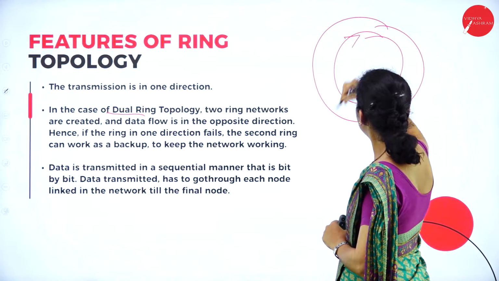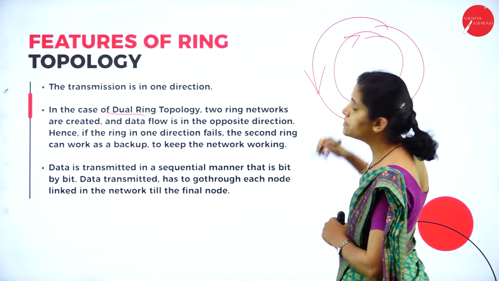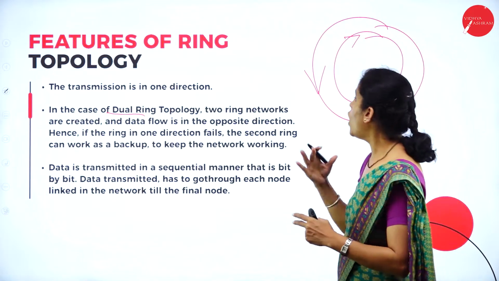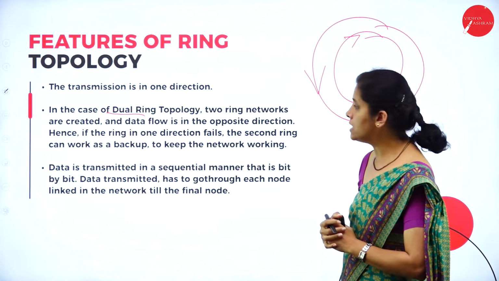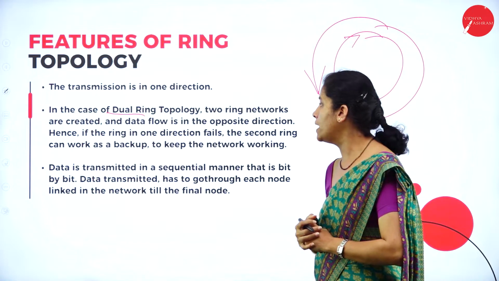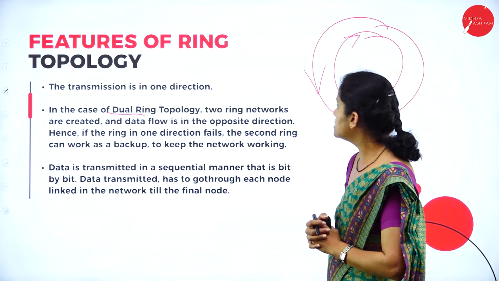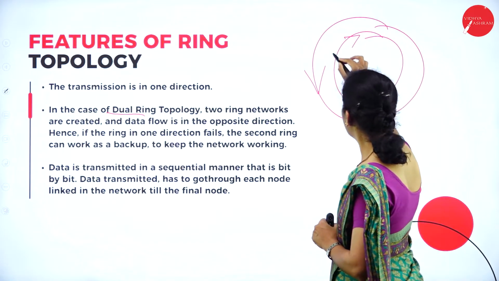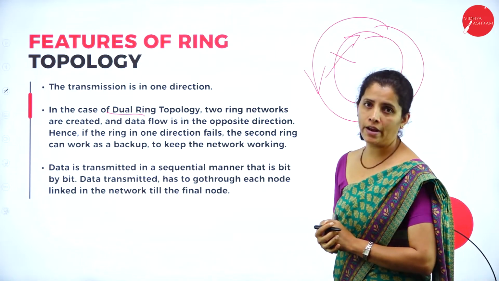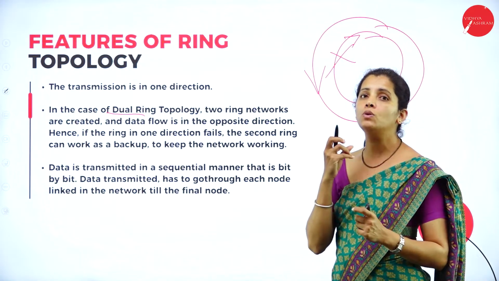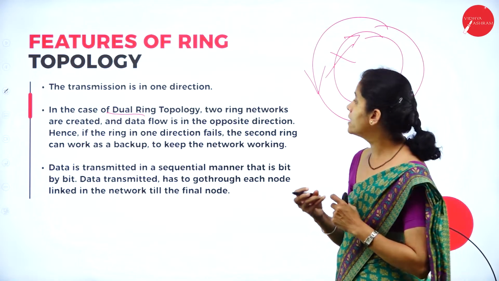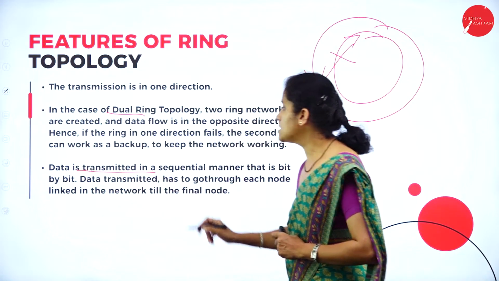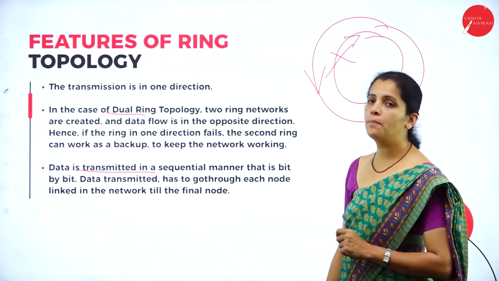One is for sending and another one is for receiving. In both the rings, data flows in opposite directions. Hence, if the ring in one direction fails, the second ring can work as a backup. If any one of the rings fails, then the second ring acts like a backbone, and the data is transmitted in a sequential manner.